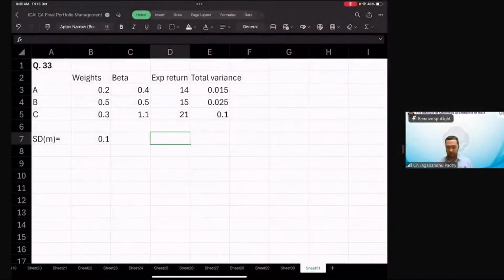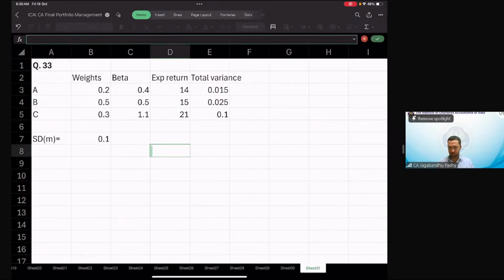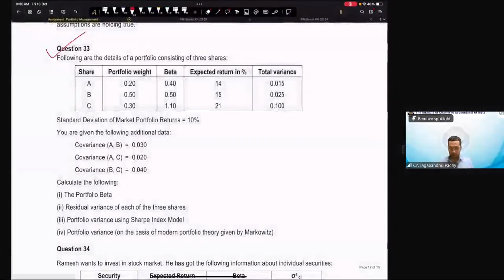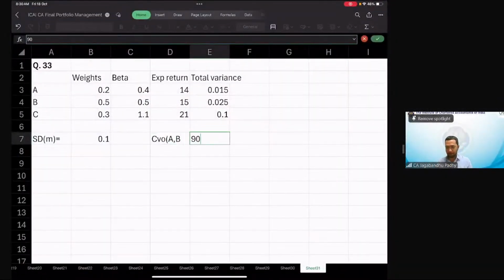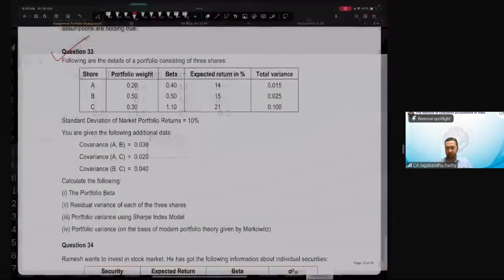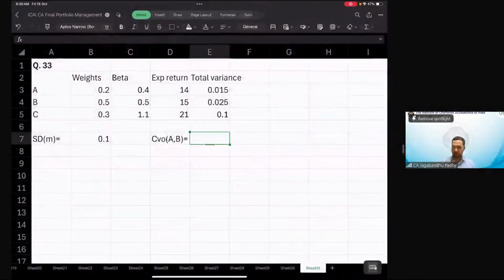And the other data that we have is regarding covariance. So we have the covariance between A and B, which is given as 0.030.